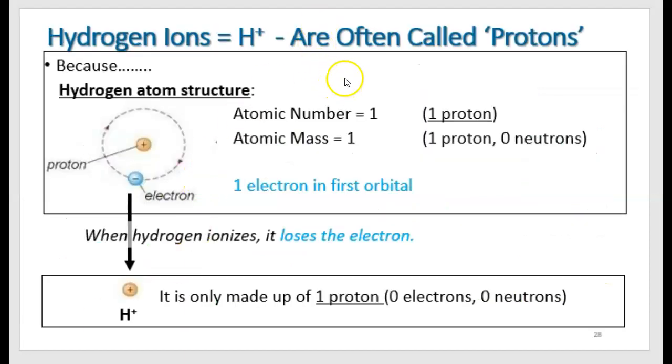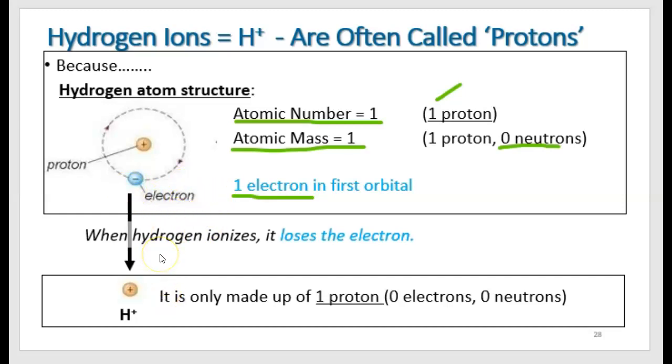Another ion that we will see quite often are hydrogen ions. Hydrogen atoms are interesting because the typical hydrogen has an atomic mass of 1 and an atomic number of 1. That means there's 1 proton and no neutrons. Because there's 1 proton, there's always 1 electron, because it's always electrically neutral.